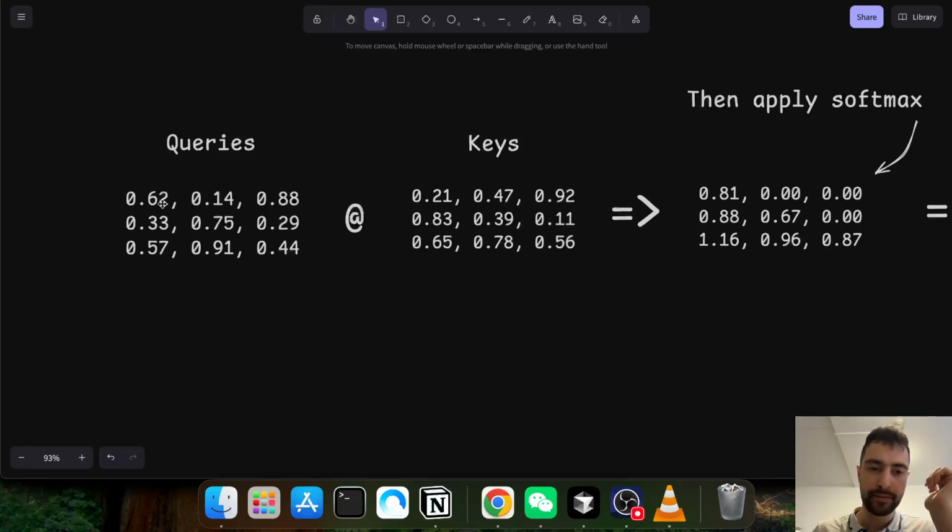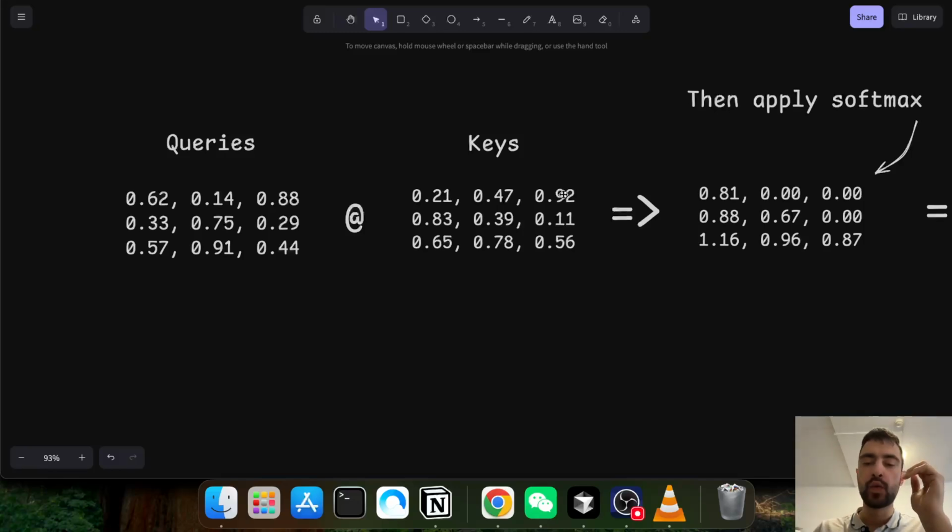If we have the query of the first word and the key of the second word, the problem there is that the first word is checking what context the next word has. But we know that with LLMs, we don't know the next word. So during training, we don't want to let the words look at the next words that come after them.